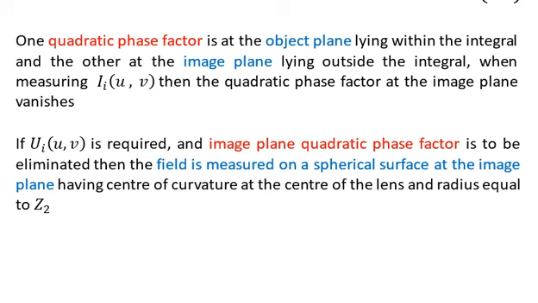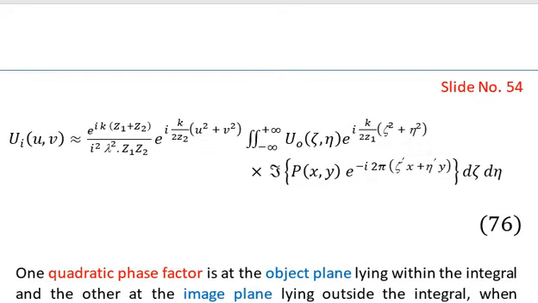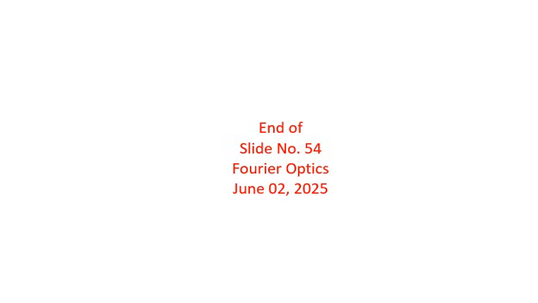If you measure the data on such a spherical surface, then ui will not contain the quadratic phase factor in u square plus v square. So this is the end of slide number 54.